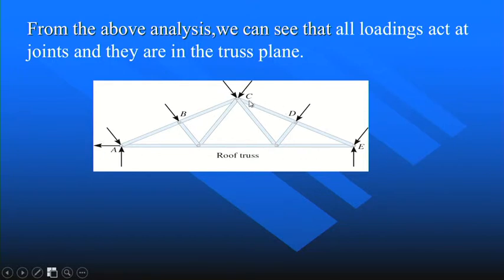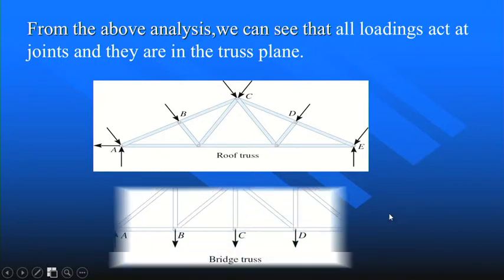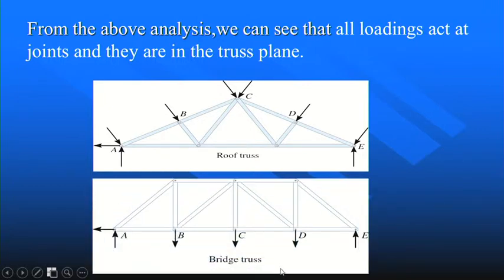And also these external loads form a coplanar force system. All the forces act in the truss plane. This is a bridge truss. Likewise, all the loads are acted through joints to the truss plane. Okay?